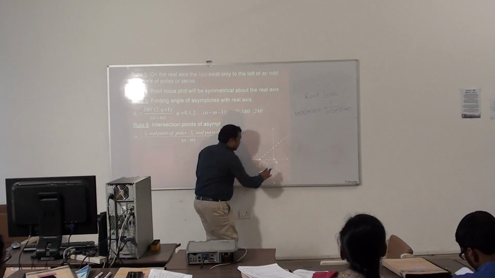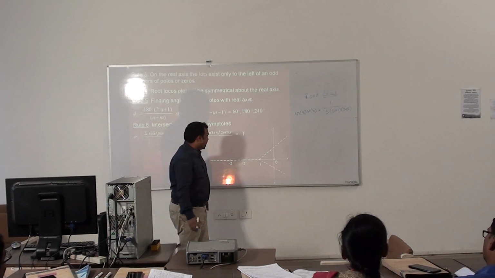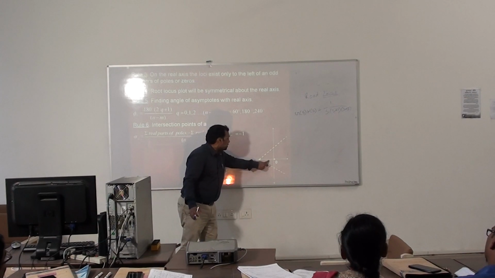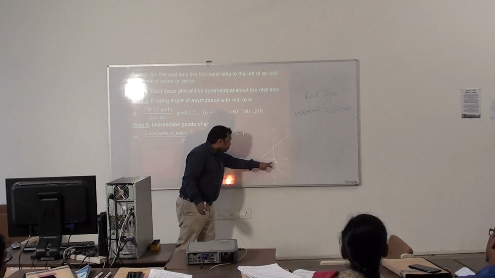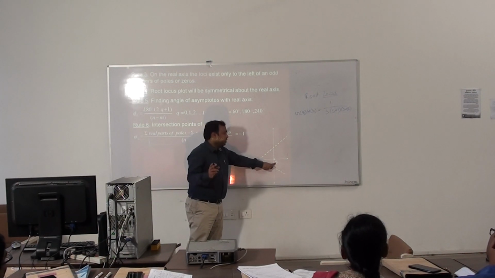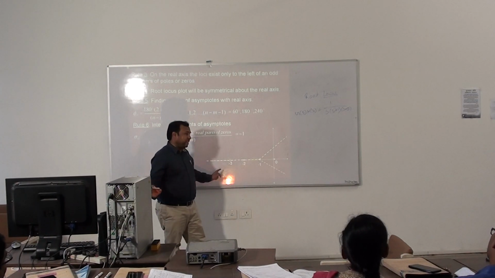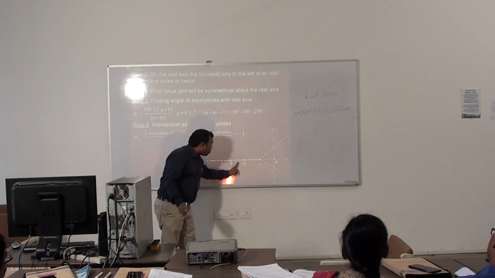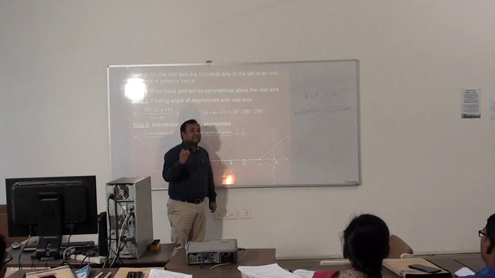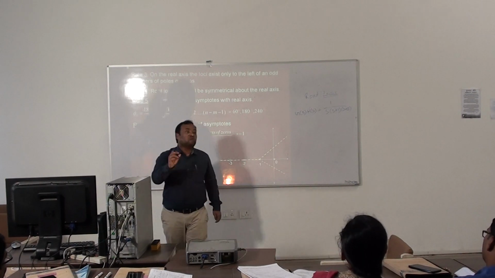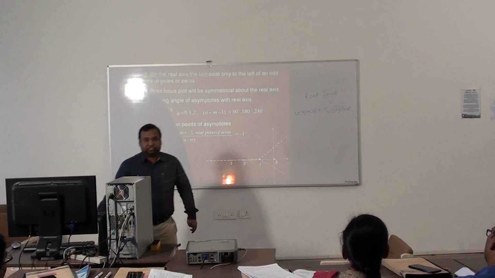To the right of that there is one pole. So one pole means the root locus will exist from here. But when we cross this point, there is an even number of poles and zeros to the right of that point. So between this section, the root locus will not exist.